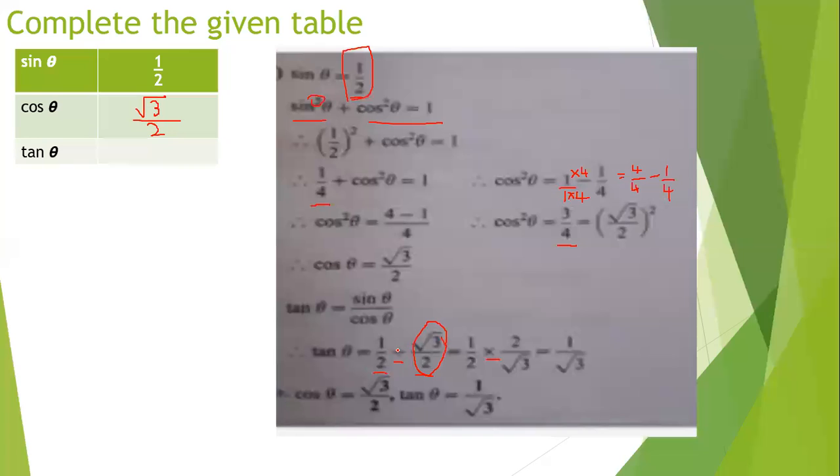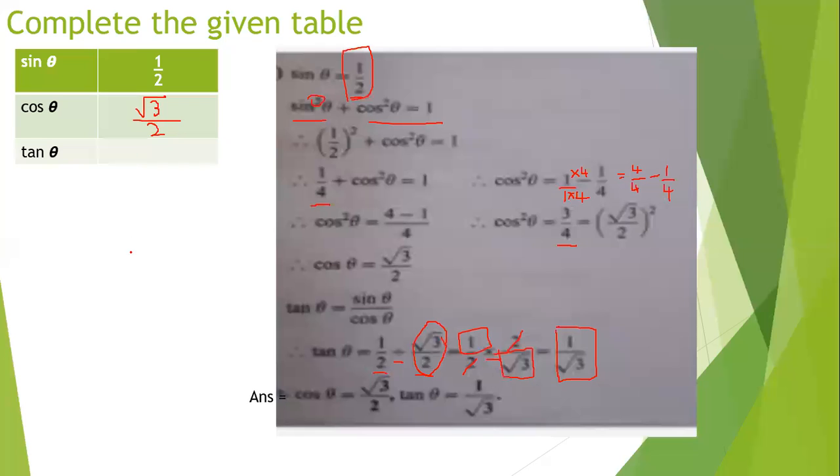So here 2 and 2 will get cancelled. The remaining is 1, and in the denominator we have root 3. So we got tan theta as 1 upon root 3.